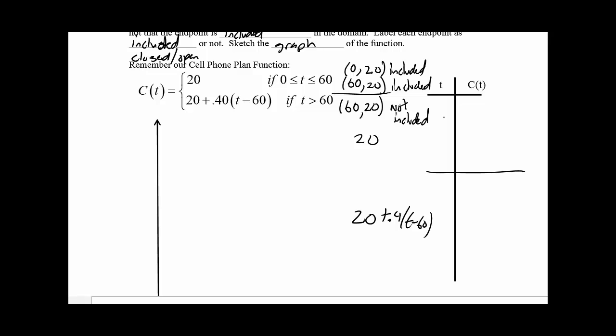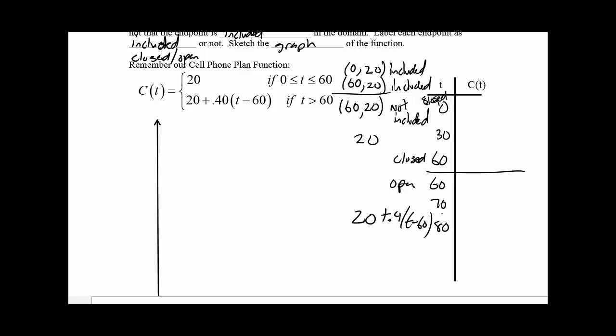Now, I already know 0 and I know 60, so let's get somewhere in the middle, like 30. And I know that this one has a 60 in it, and that one's open and that one's closed, and this 0 here is closed. Okay, so I need something like 70 and 80. I just need to know a little bit more about what's going on past the 60.